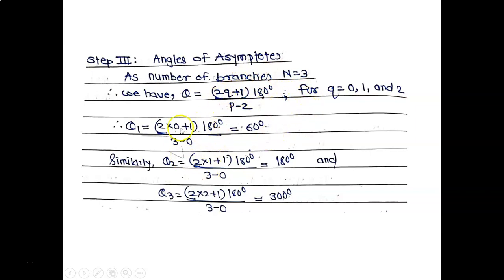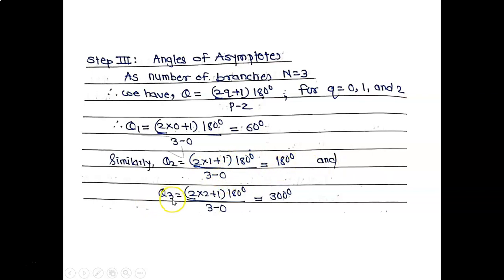Therefore by substituting these 3 values, first we get theta 1 is equal to (2 into 0 plus 1) into 180 degrees divided by (3 minus 0). By doing the calculation, theta 1 is equal to 60 degrees. Similarly, theta 2 is equal to (2 into 1 plus 1) into 180 degrees divided by (3 minus 0), which is equal to 180 degrees.